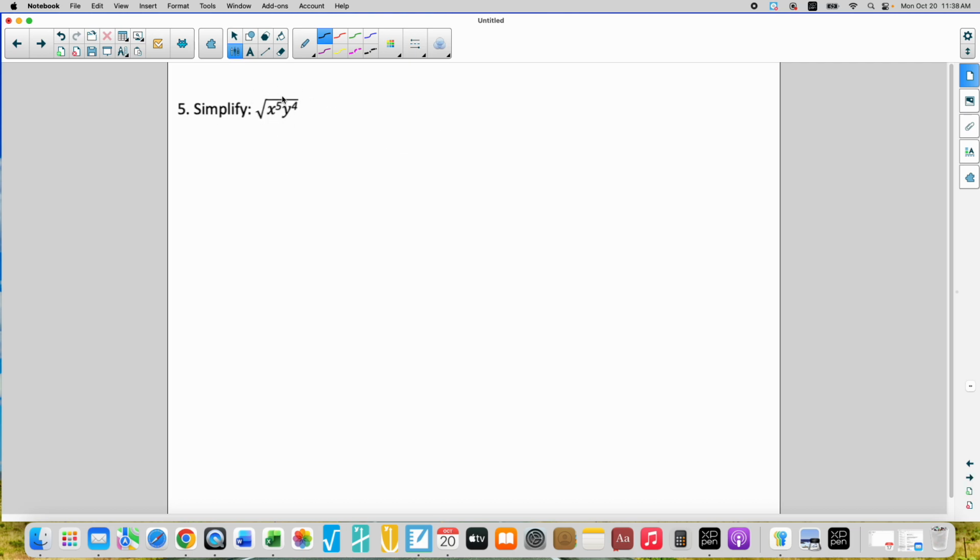Simplify. So this is interesting. Whenever it's multiplying, we can separate each of these into their own radical. So remember, when we don't see a root, we know that it's a square root. And for every 2 inside, the square and the square root cancel, and you get 1x out.